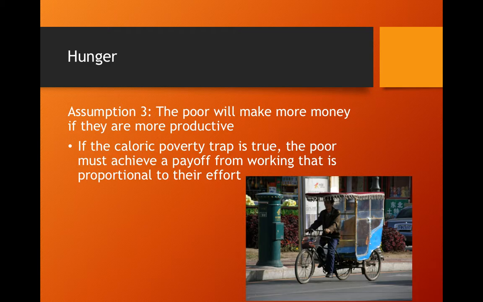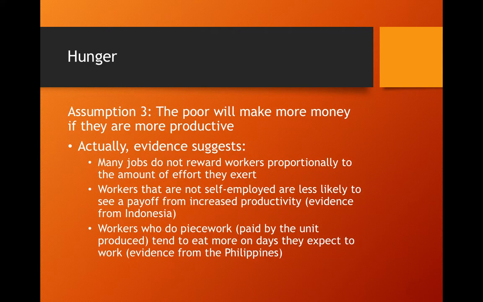And so if the calorie poverty trap is true, the poor must achieve a payoff from working that is proportional to their effort. If this trap is real, it must be the case that the more you work, the more you get, and the less you work, the less you get in terms of income. So that seems pretty straightforward.